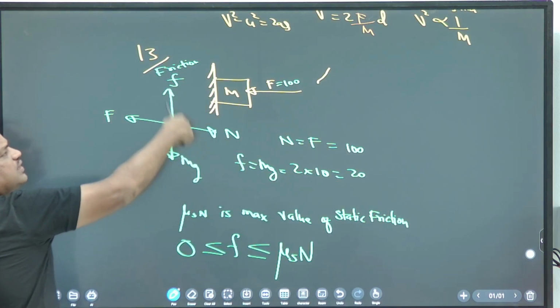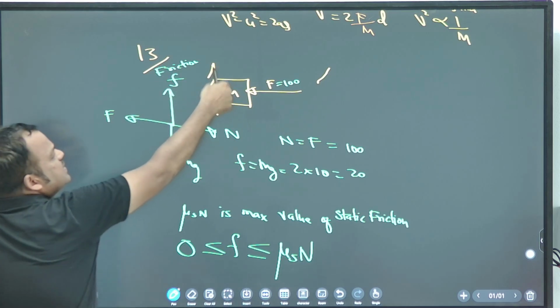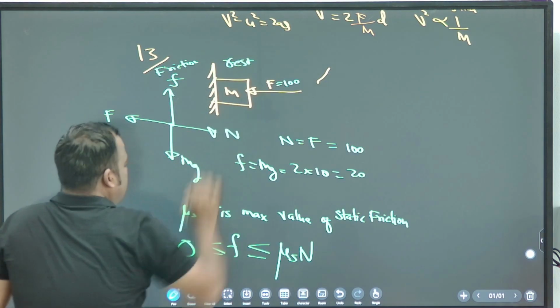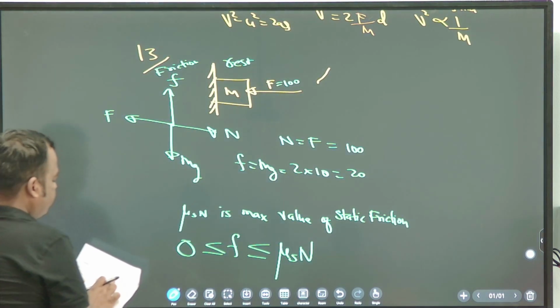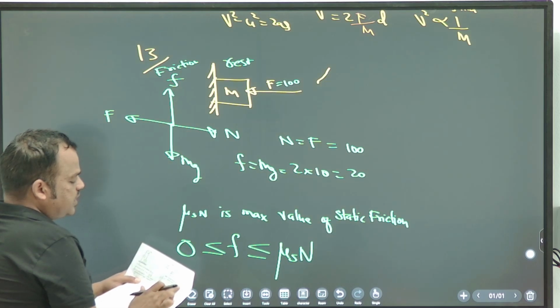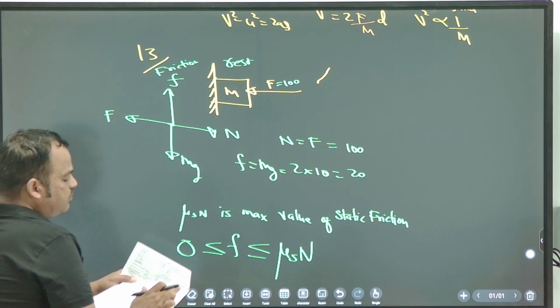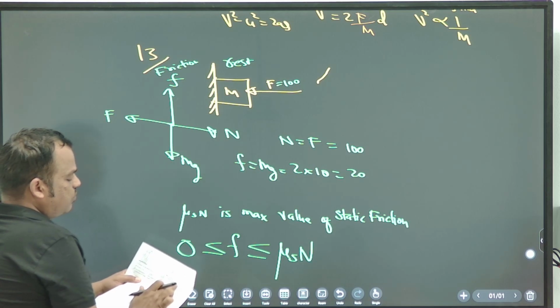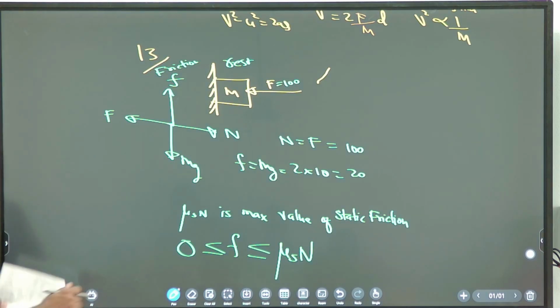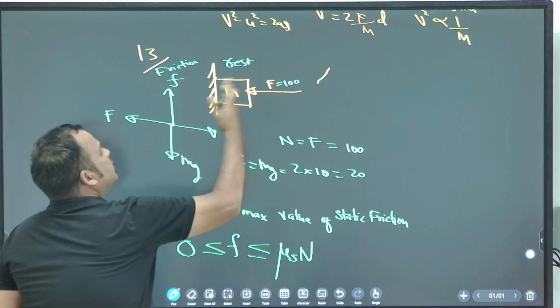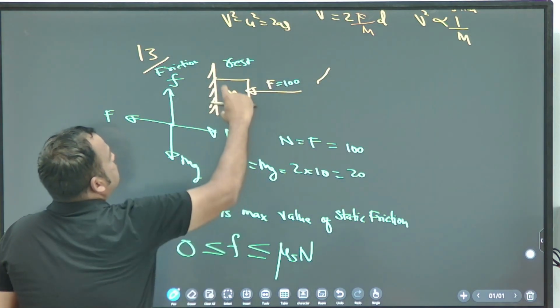Whatever is mg, that is the friction here, because the block is at rest. A body of mass 2 kg is kept pressed against a vertical wall by a force of 100 Newton. You are exerting 100 Newton like this, and it is at rest.